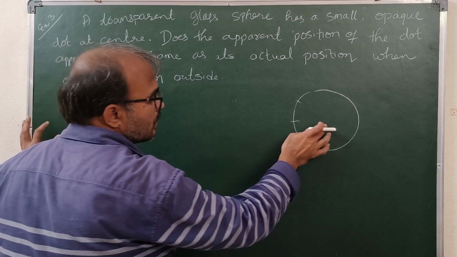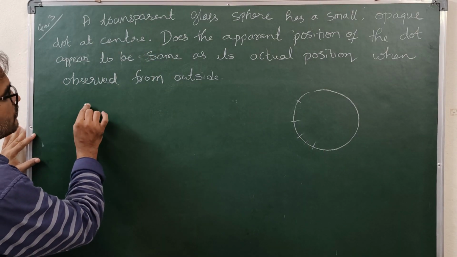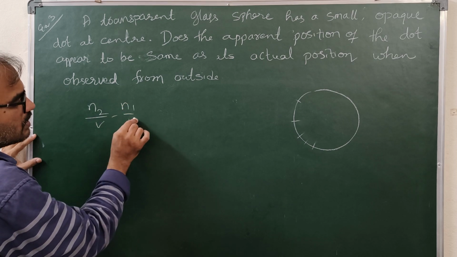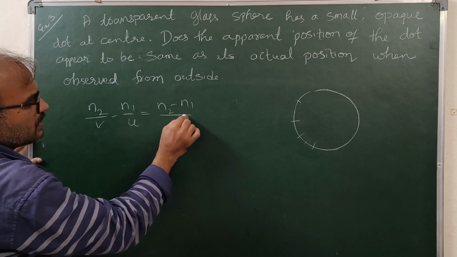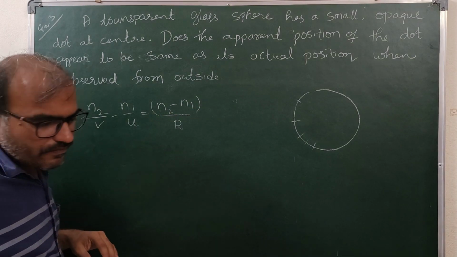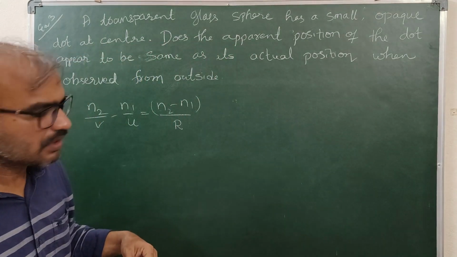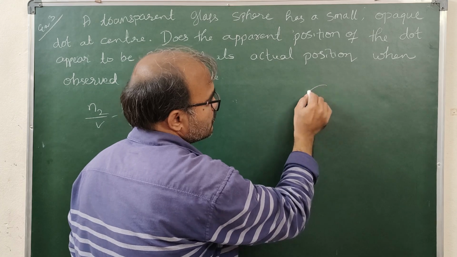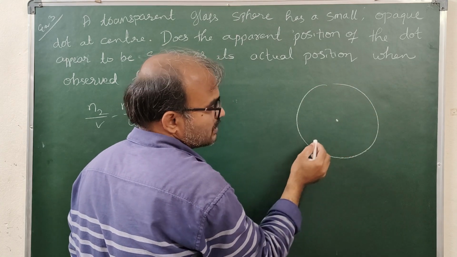So we have to consider refraction at curved surfaces. That's why first of all let us take the formula. N2 by V minus N1 by U is equal to N2 minus N1 by R. Right? Now we have to know what N1, N2, V, U and R are. So once again, a sphere with a small opaque dot at its center.